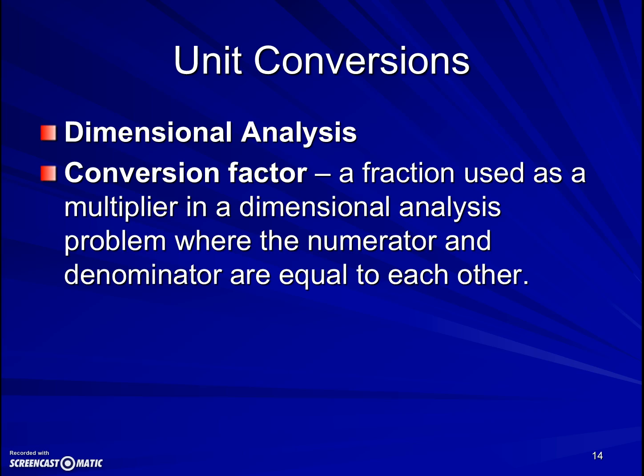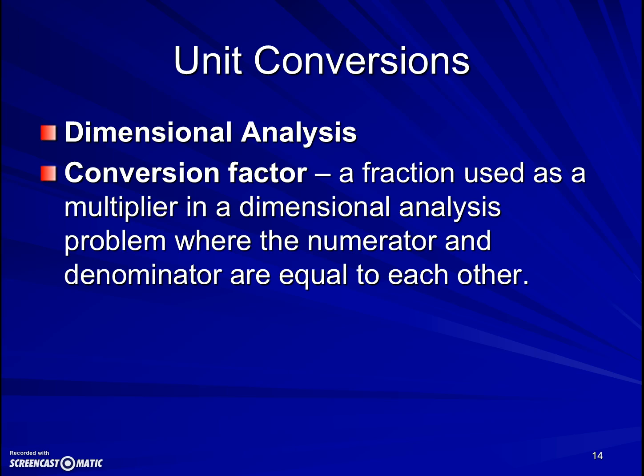We know that I am, for example, 5 foot 10 inches tall. That's 70 inches. If we want to know what that is in meters, we're going to multiply that 70 inches by one or more conversion factors. Conversion factors are fractions that are used as multipliers, and the key to a conversion factor is that the numerator is equal to the denominator.